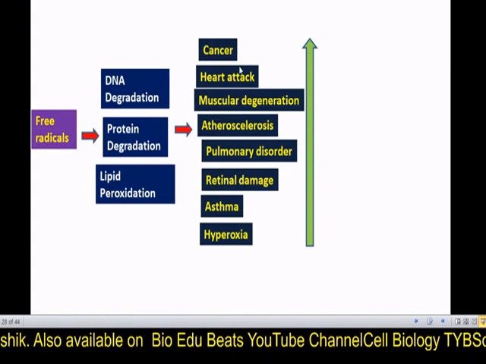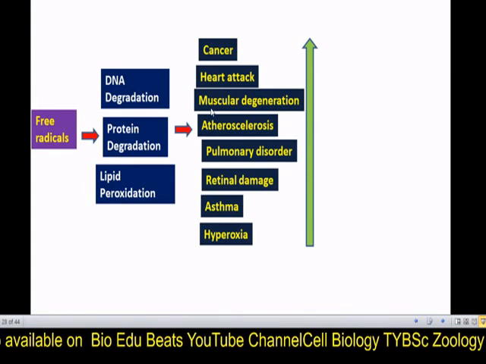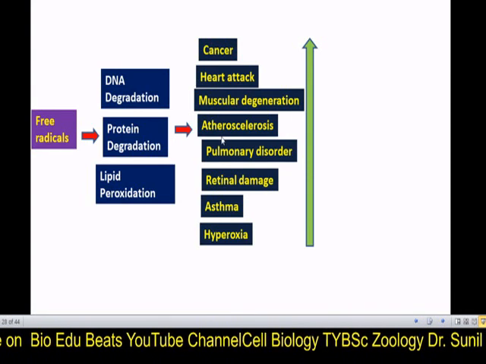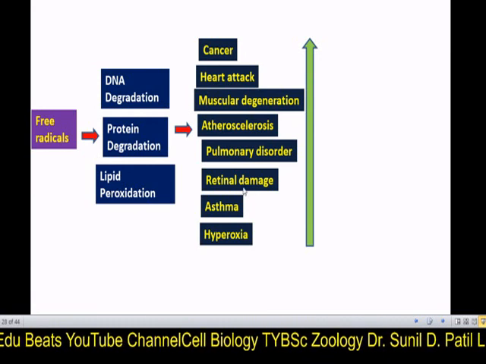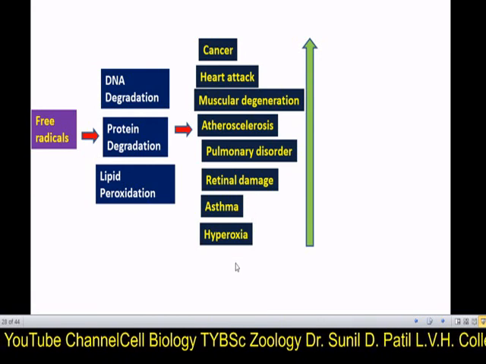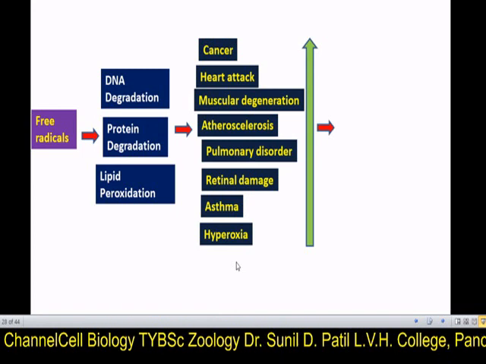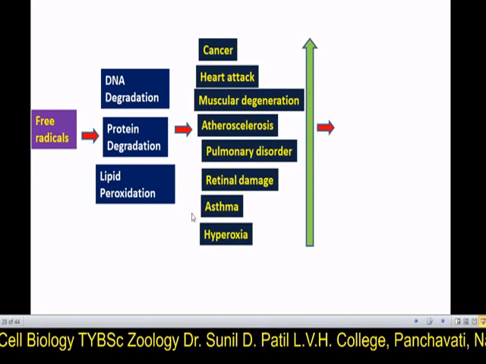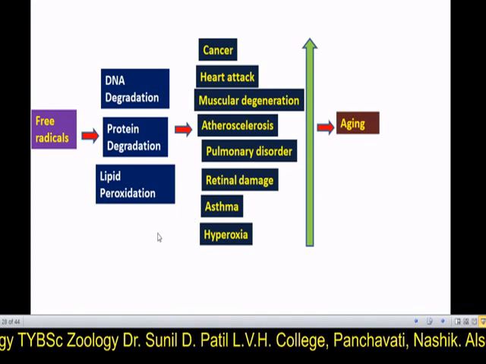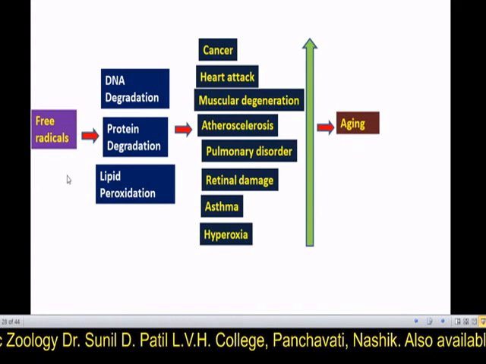It results in cancer, heart attack, muscular degeneration, atherosclerosis, pulmonary disorders, retinal damage, asthma, hyperoxia, and it causes aging. So these are the effects of these free radicals which result in aging.